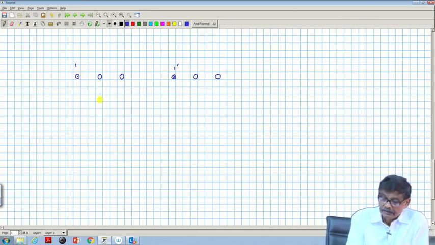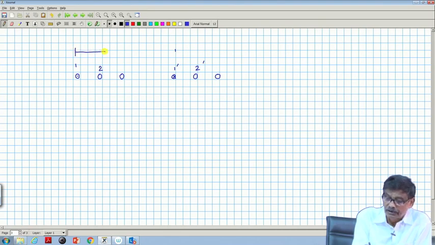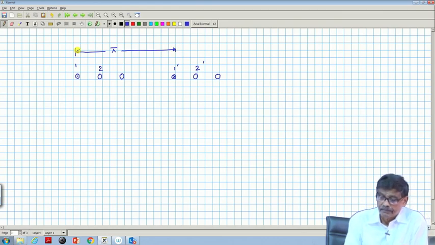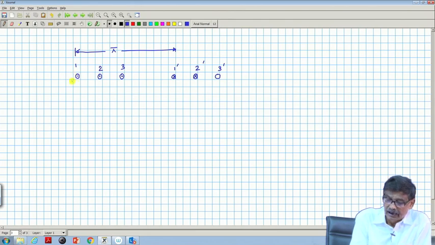Got the point? This is coil 2, its return is here 2 dashed, and these angles are pi, mind you, full pitch coil. This is pi electrical or 180 degrees electrical. So, 2 dashed. In our case, they will carry the same current, similarly 3 dashed. This is the armature slots. Got the point?